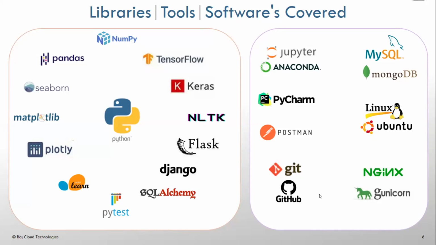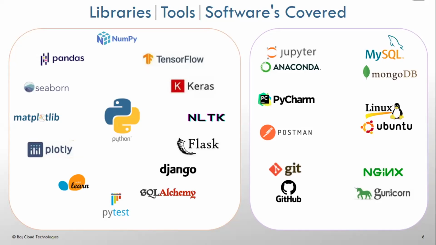And GitHub, as I told you, is version control to maintain your code base and versions, to give production releases and test releases, and to have different versions of your project releases.